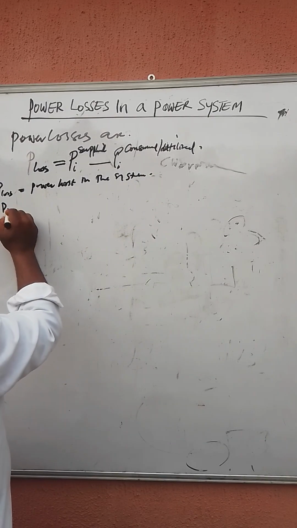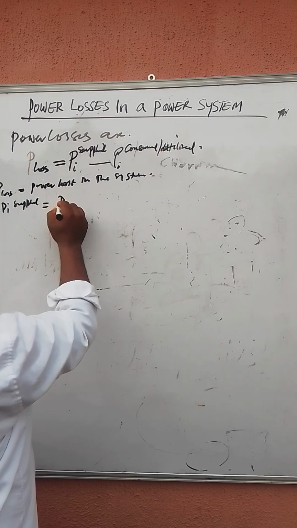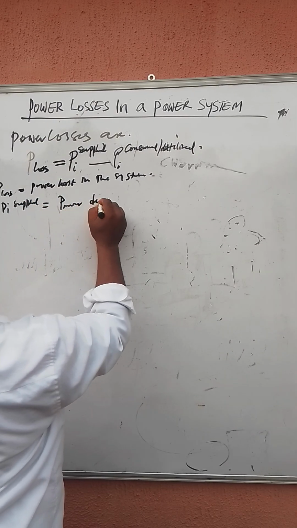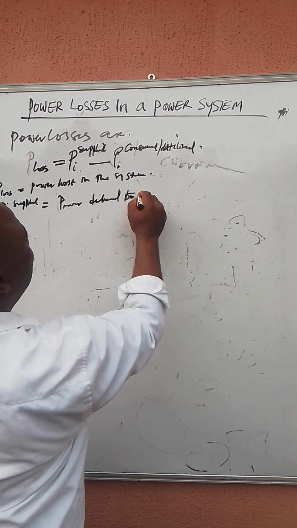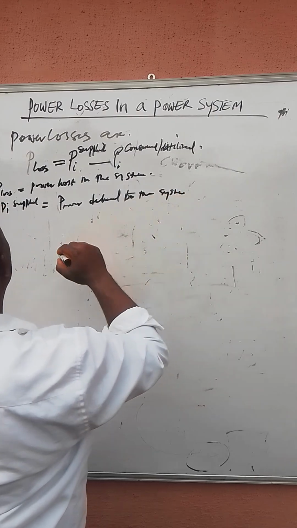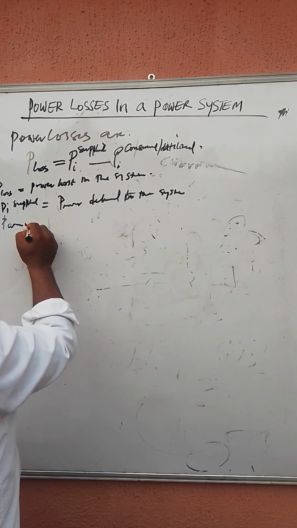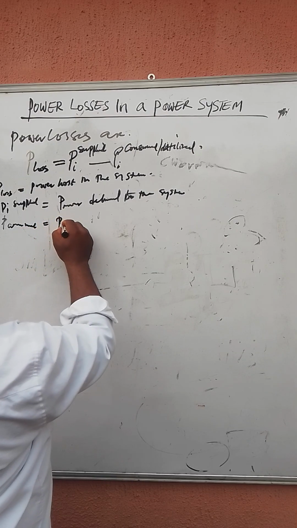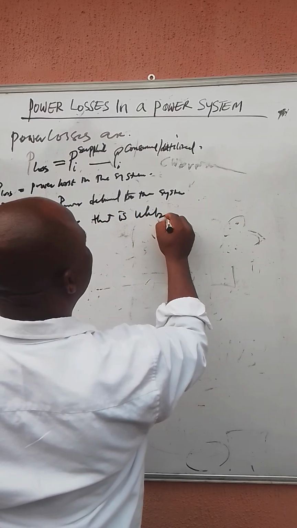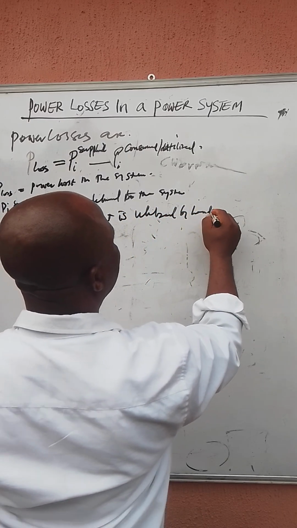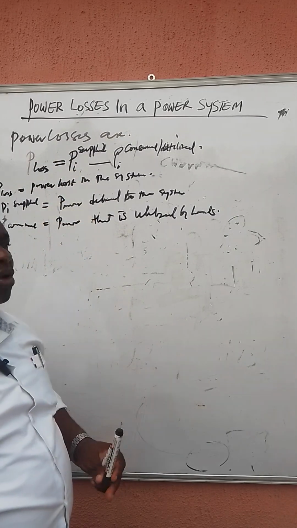Then P supplied is equal to power delivered to the system. Then we have P consumed equal to power that is utilized by loads. So this is how the formulation goes.